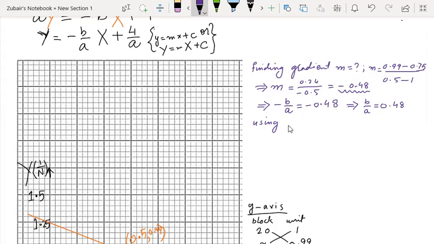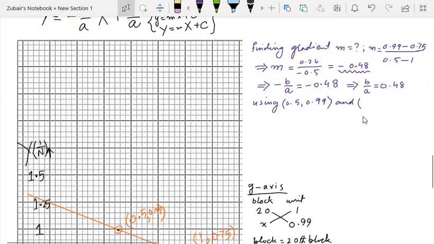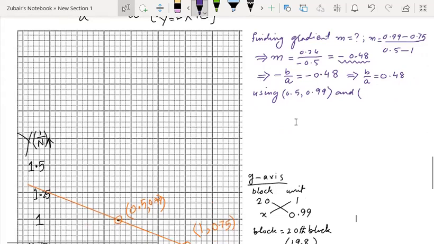Using the coordinates 0.5 and 0.99, and 1, 0.75, in y is equal to mx plus c. So this is how we can find c.